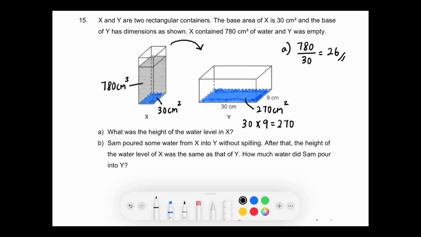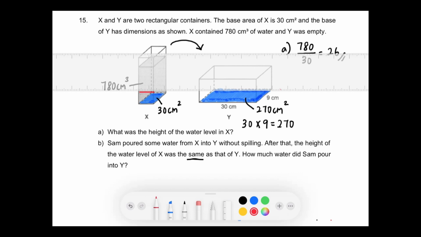After that, the height of the water level of X was the same as that of Y. So obviously the water level in X will go down and the water level in Y will rise when water is transferred from X to Y. And it will continue until the height of both water levels in the containers are the same. Now this straight line that I'm drawing indicates the height of the water level in both containers in the end. So they should be the same.